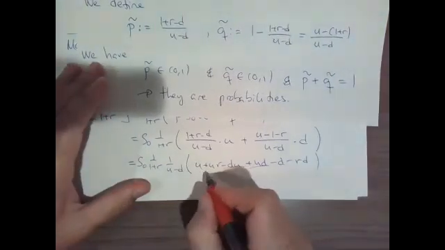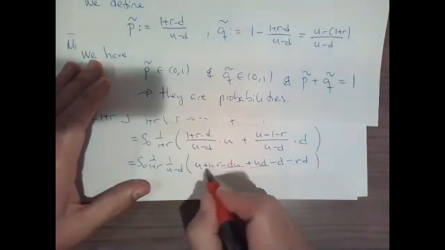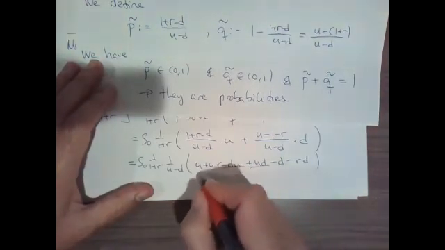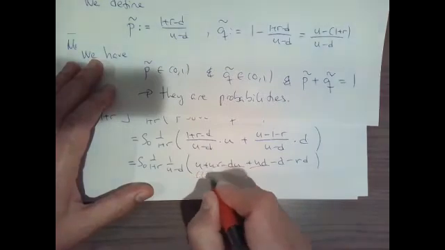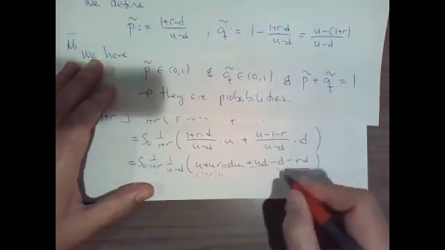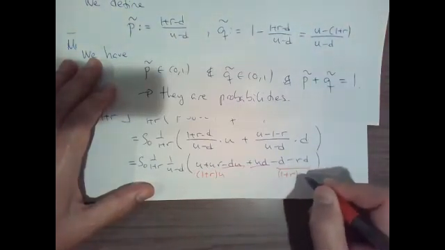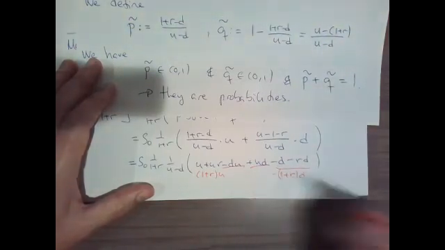And then here, what will I have? I have U, so I'll have 1 plus R times U. Here I'll have 1 plus R times D with a minus sign in front.